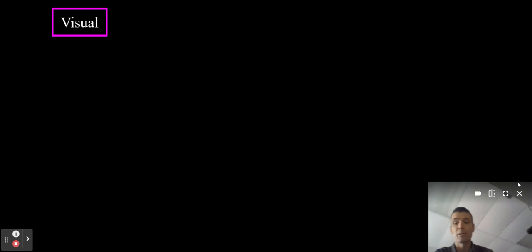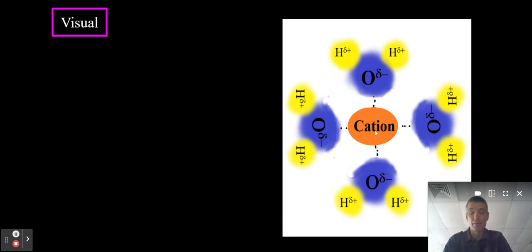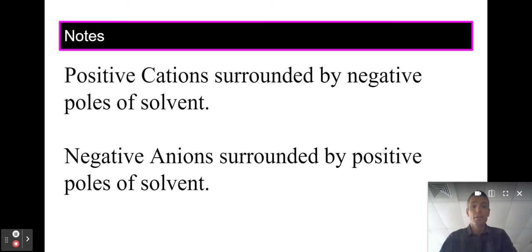And the visual I want you to have looks like this. Here I've got that positive cation with the negative ends of the water, the oxygen, and there's the opposite. These dots mean it's not a true bond, it's like fluid. There'd even be more molecules coming out of the page and in back of the page.